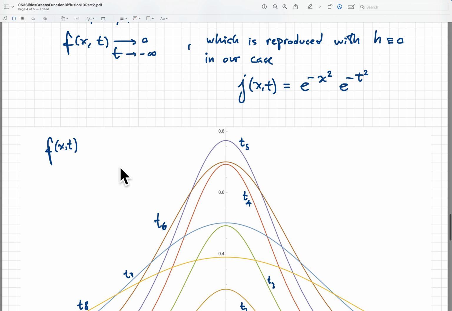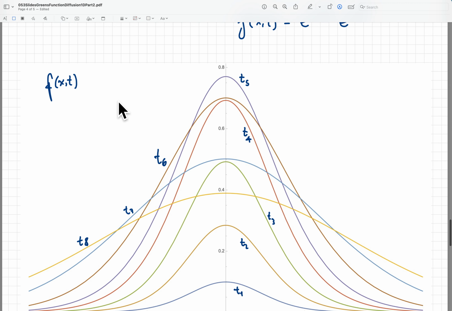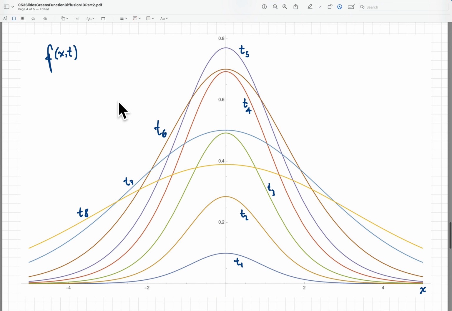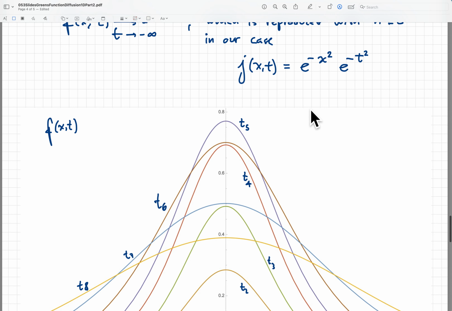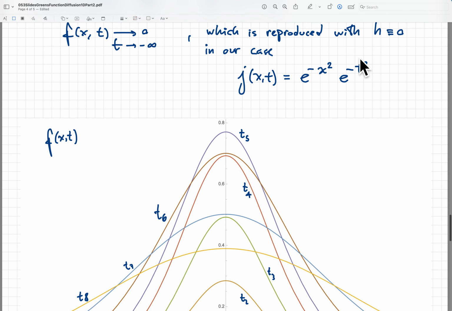Well, when you do that integral, the double integral in space and in time, this is what it looks like, evaluated at various times. At very early times, so this is in fact the negative time, it starts to pick up this shape. The solution starts to behave like this, and as time progresses, it starts to grow by virtue of the fact that our source is inserting energy, or if you want, is inserting a non-zero contribution into the system.